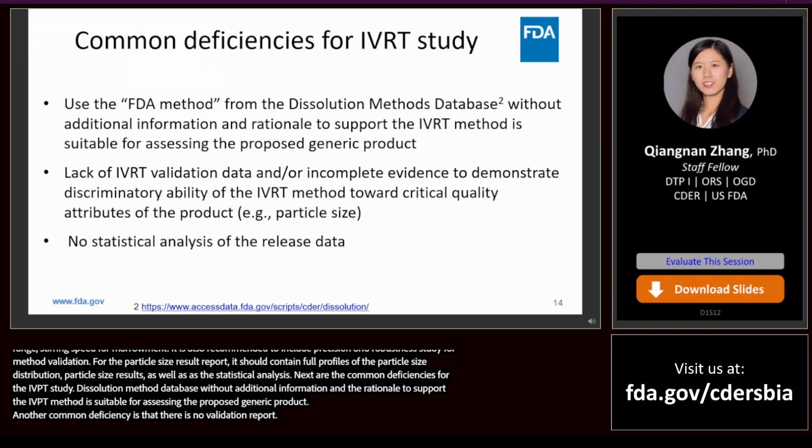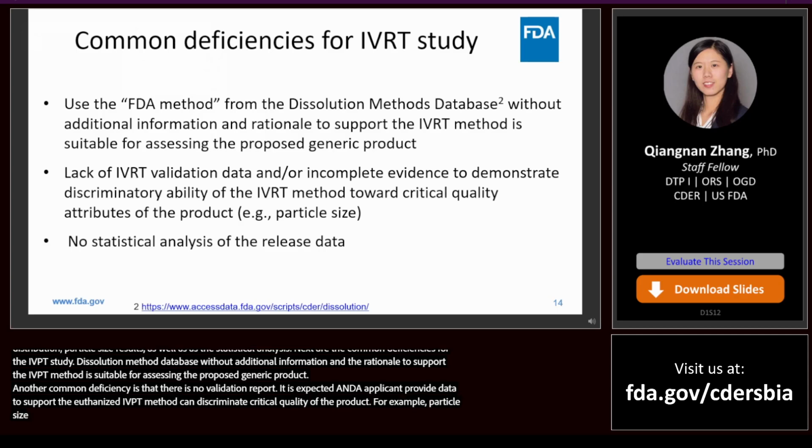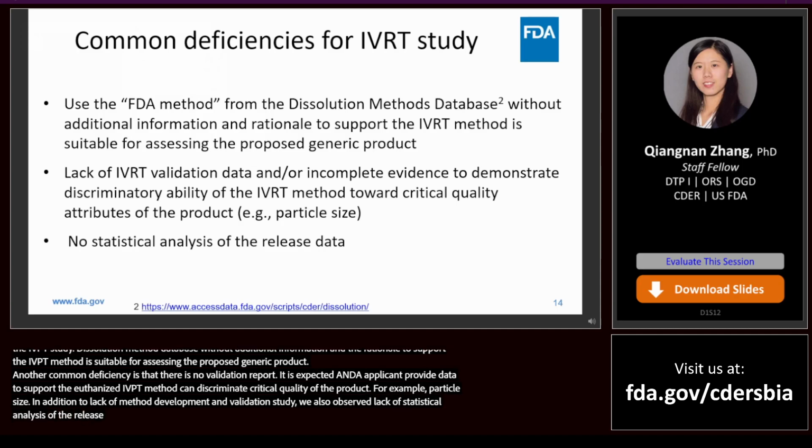It is expected the applicant provide data to support the utilized IVRT method can discriminate the critical quality attributes of the drug product, for example, particle size. In addition to lack of method development and validation study, we also observe lack of statistical analysis of the release data in the ANDA submission.